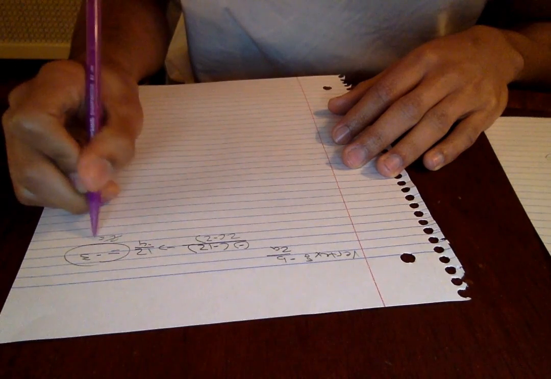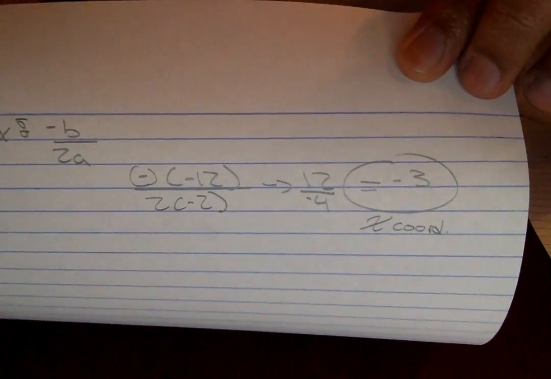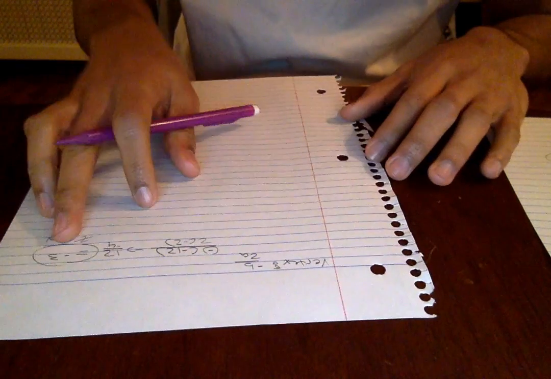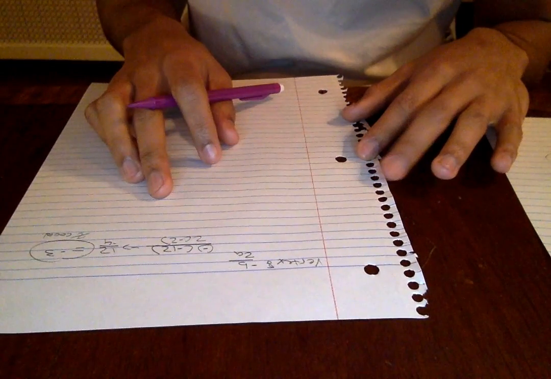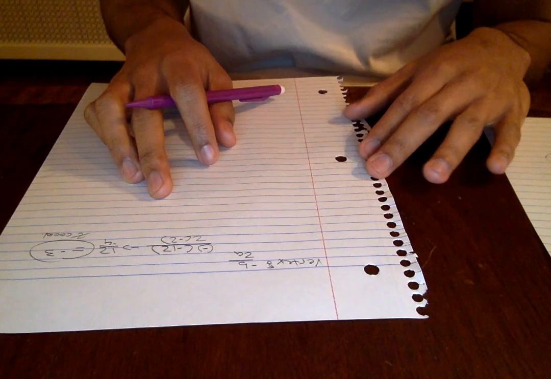That's our x-coordinate right there. And so now that we have our x-coordinate, we should just plug that x-coordinate into the original equation, and that will give us our y-coordinate.